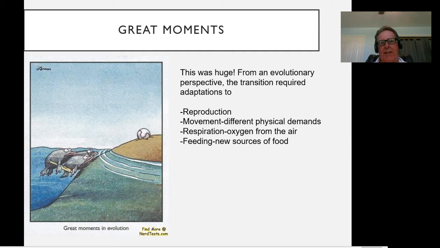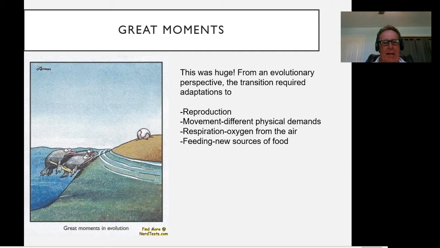But in the Devonian, one of the great moments was the transition from aquatic to terrestrial life. And this is an old Far Side chart. How did fish move from water to land?